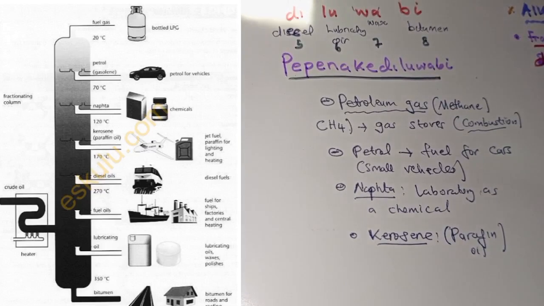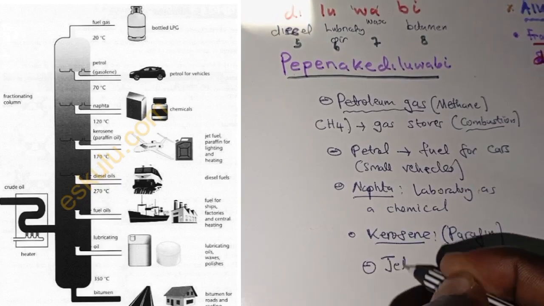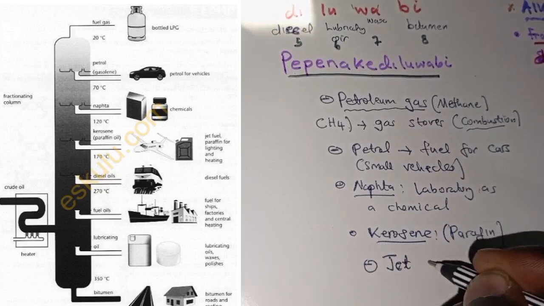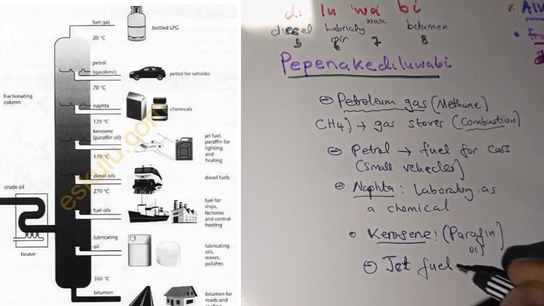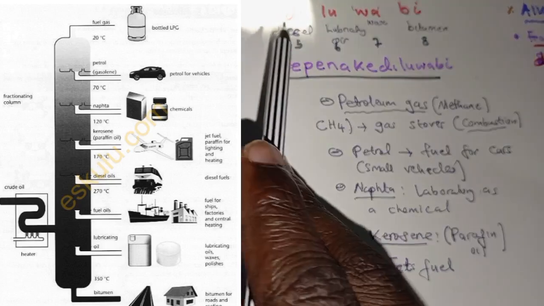Now kerosene is also known as jet fuel. Why? It is used as a fuel for jets. We know those people that have private jets and other things. And we go now to diesel.